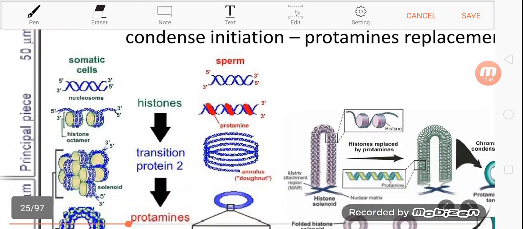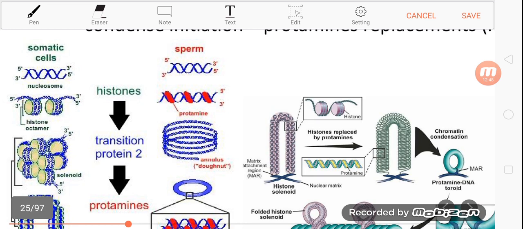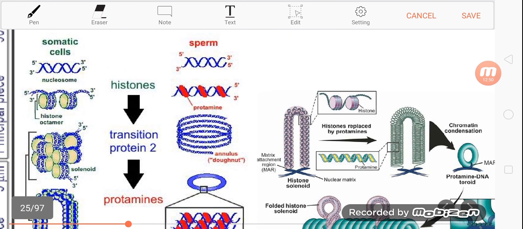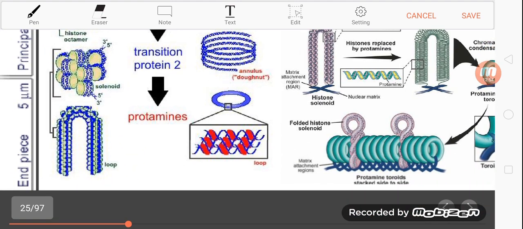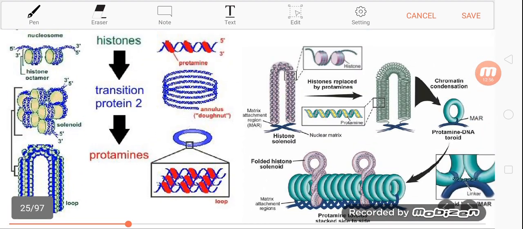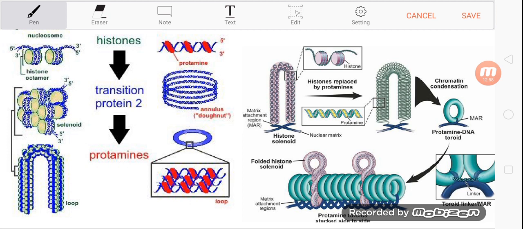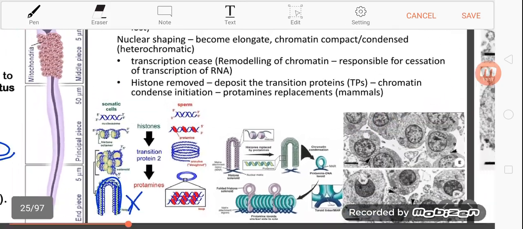Let me show the diagram here. So the DNA is compacted by the histone protein. In this way, we can see the coil structure of the chromosome. If we zoom in on the chromosome, it's actually a coil structure of the whole chromosome.